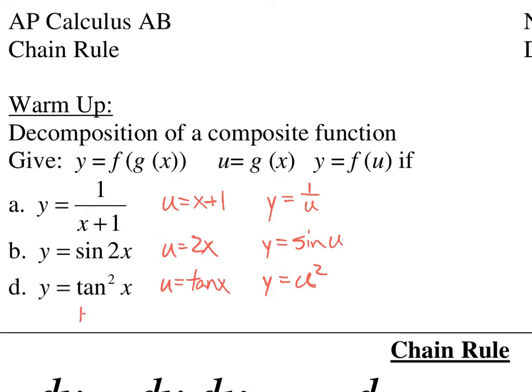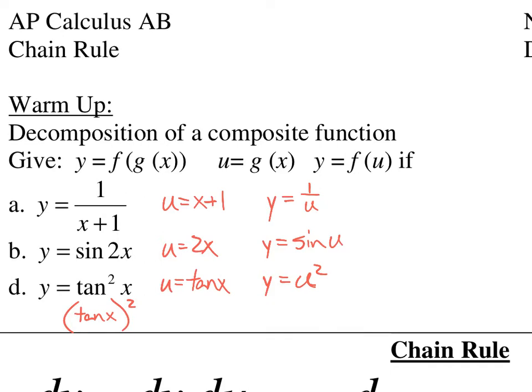Remember, tangent squared of x is really tangent of x squared. That's another way that we could write it. And if it helps you to write it that way when you're doing these, then by all means rewrite it that way. It's better to write an extra line and get it right than to guess and get it wrong.